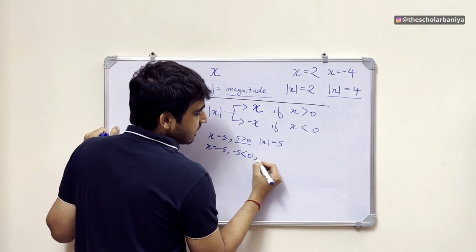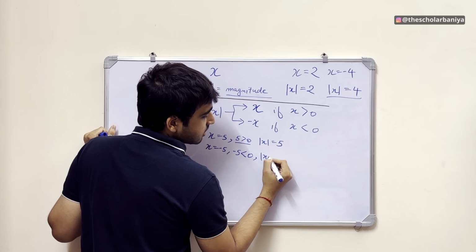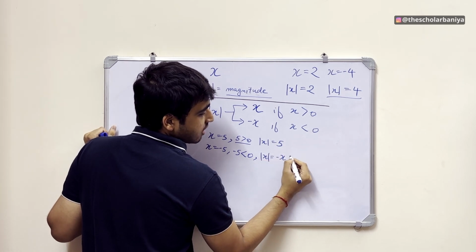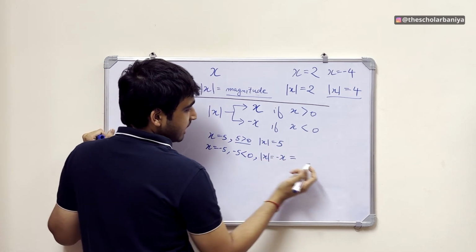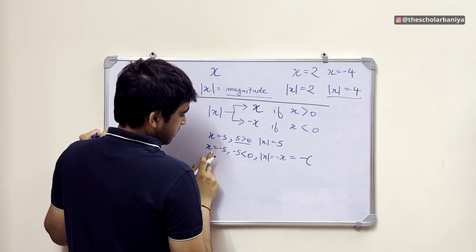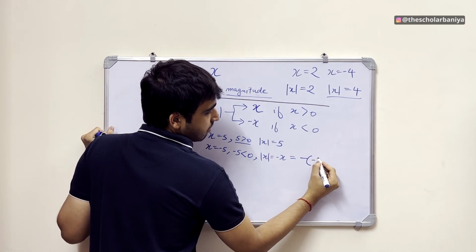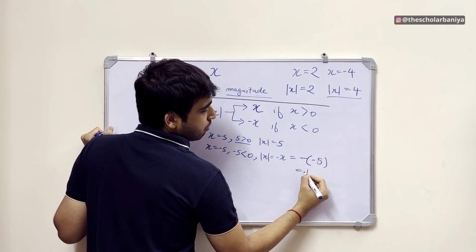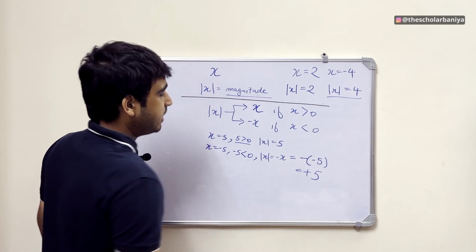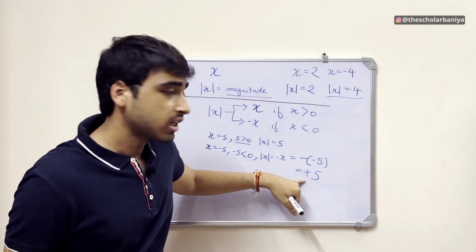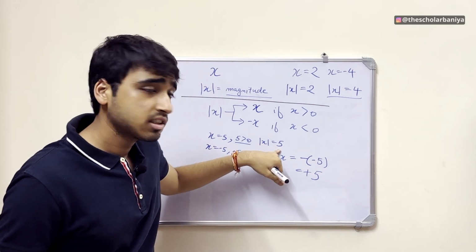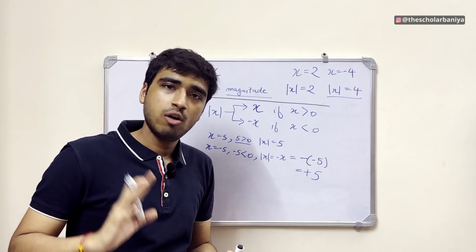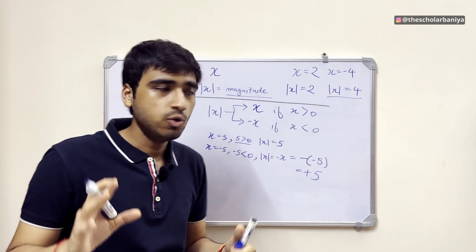So what is minus x? Mod x will be minus x, which is minus of -5, which is equal to plus 5, right? So mod x is plus 5. In this case also mod x is plus 5. So basically mod will always return a positive value.